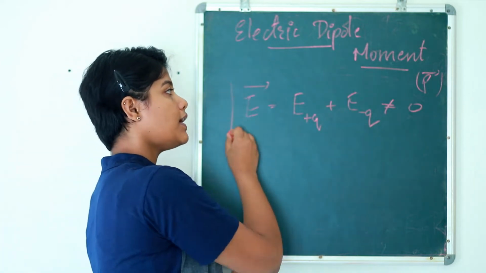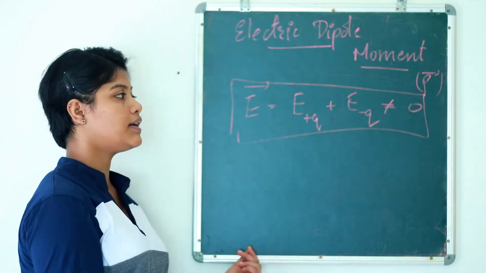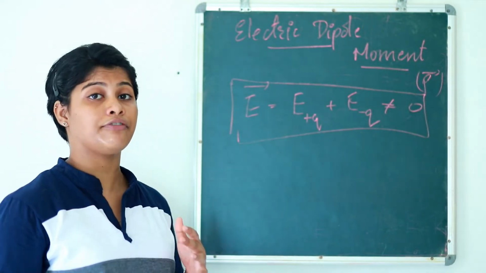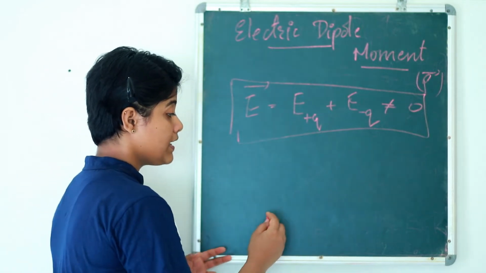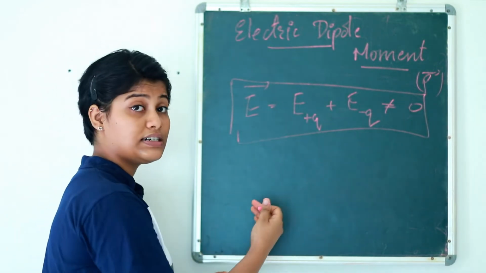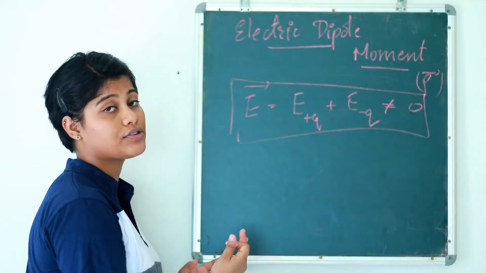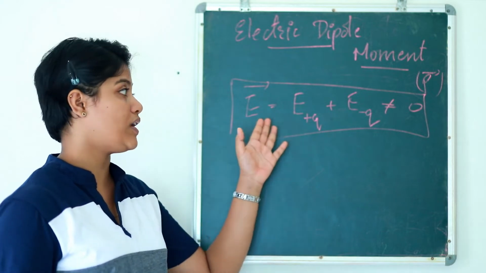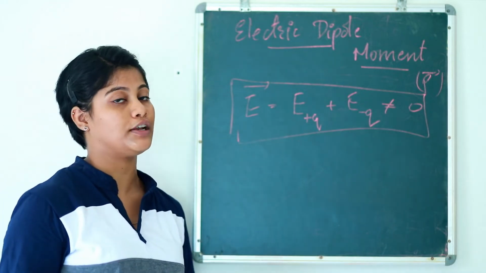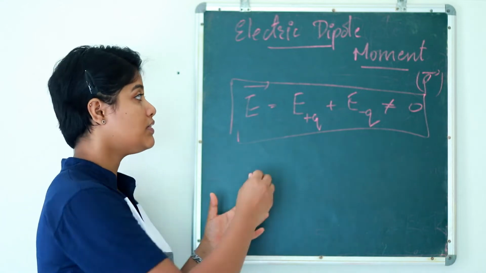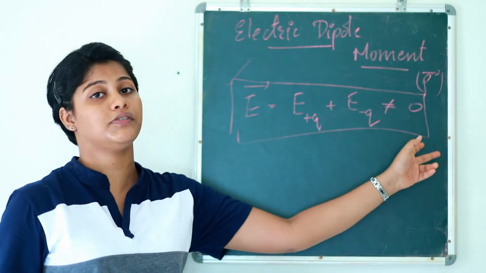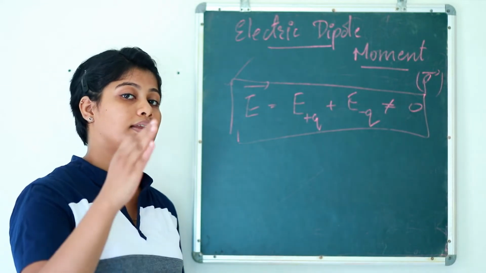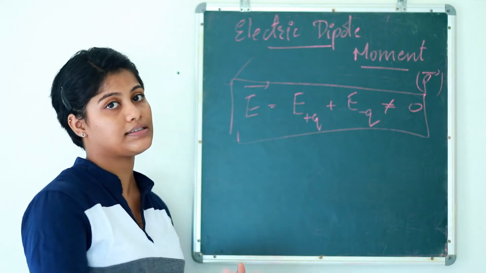Since this condition exists in a dipole, the dipole has a turning effect. It turns when it's placed in an electric field. We'll learn that in the next topic, that is, what happens when a dipole is placed in a uniform electric field. Just remember the reason: the electric field of a dipole is never 0, so when it's kept in an electric field, it has a turning effect.